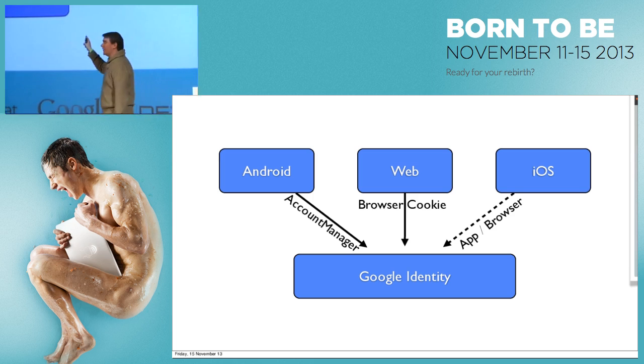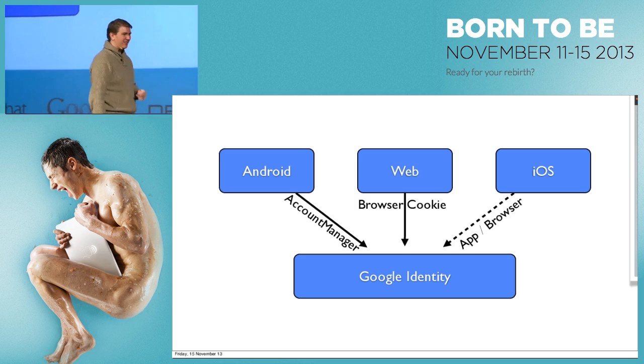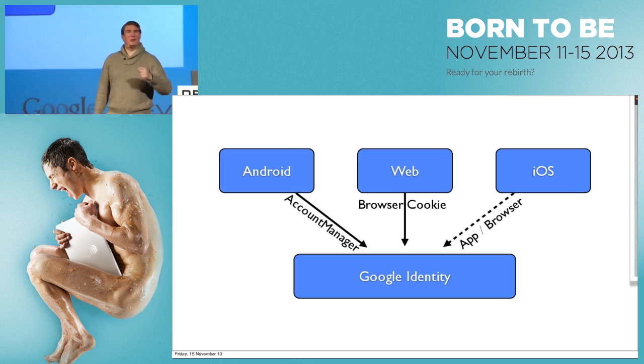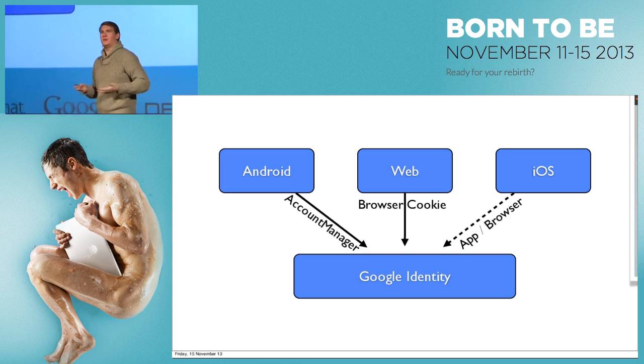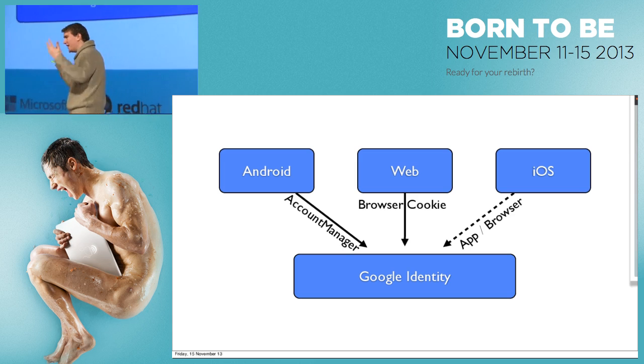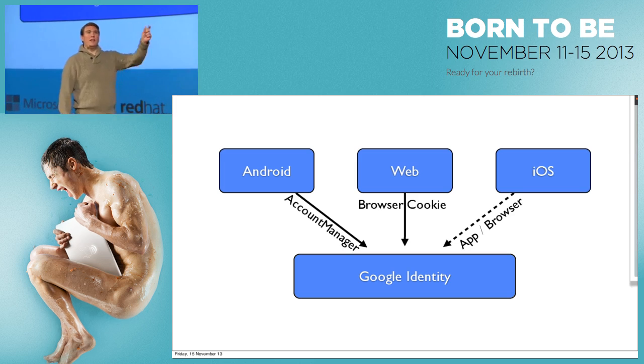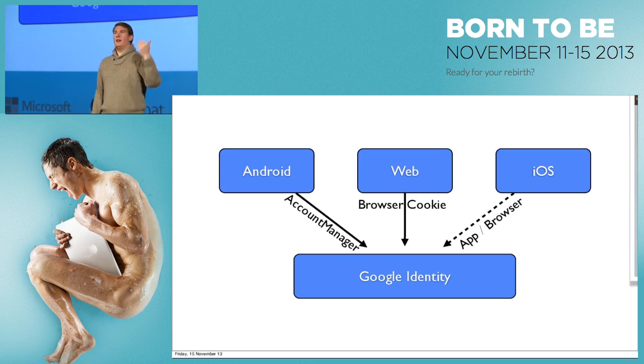We have ambient identity on the web and on Android, and we almost have it on iOS. Not quite. It's not quite as easy. On the web, we have a cookie, right? If you're signed in to Google in your browser, if you're signed into Gmail or to YouTube or anywhere you can use your Google profile, then we know who you are. When I access a site, that site can say, hey, there's a user here, have they signed in?